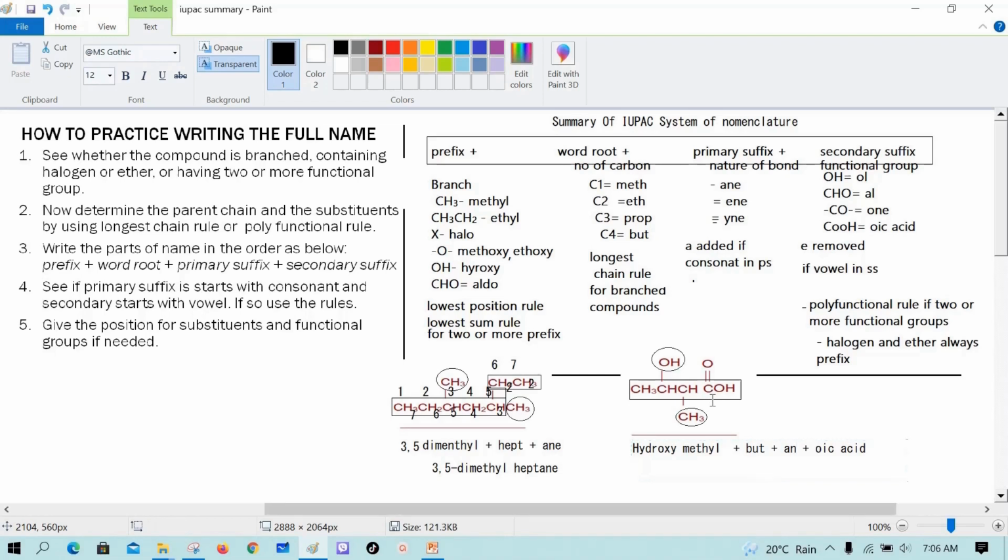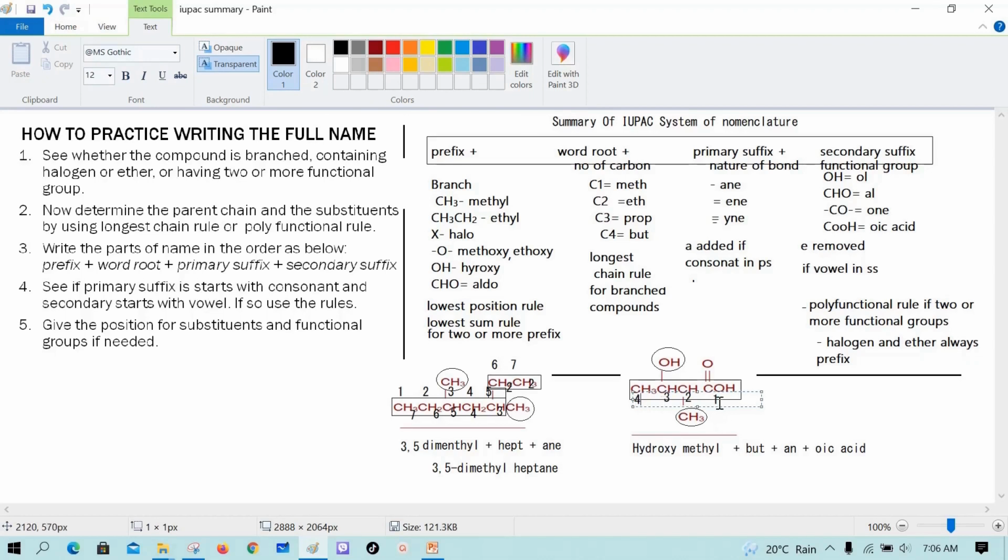If we count from here, this carbon gets position 1, this carbon gets position 2, this carbon gets position 3, and this carbon gets position 4. So this is the correct counting.